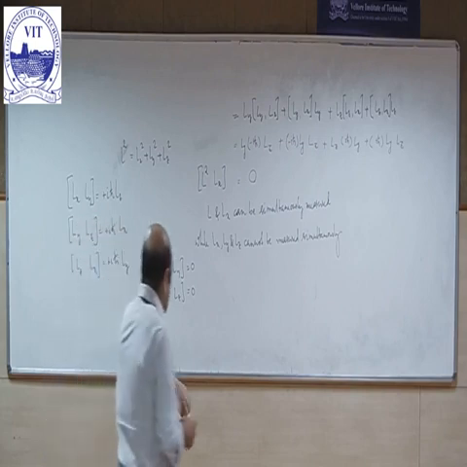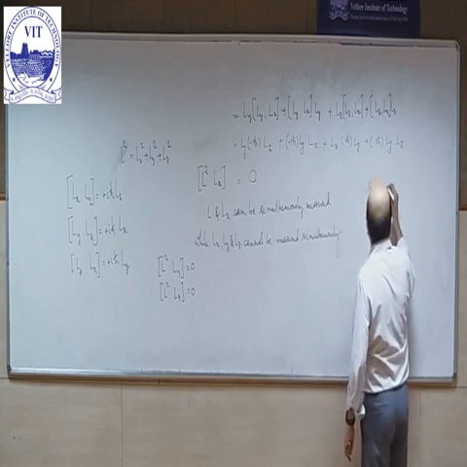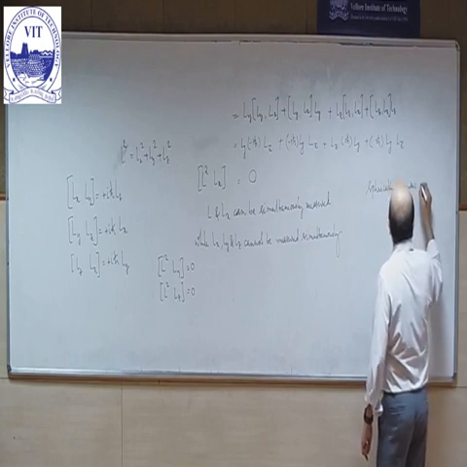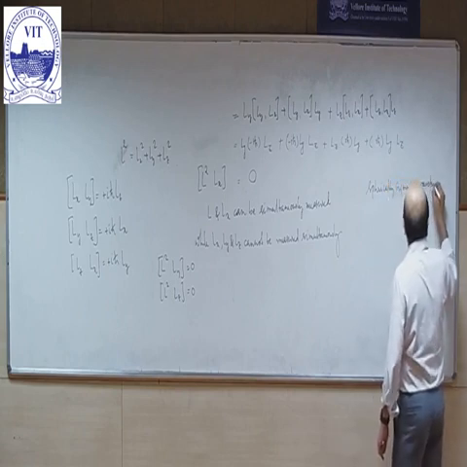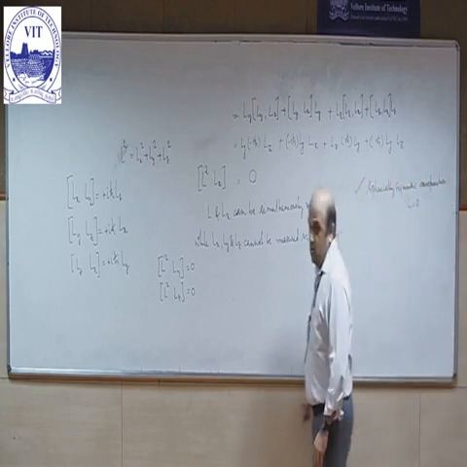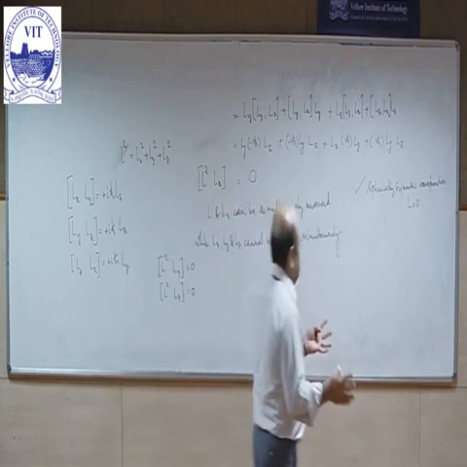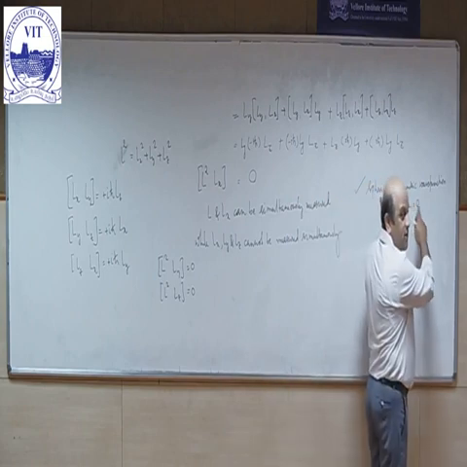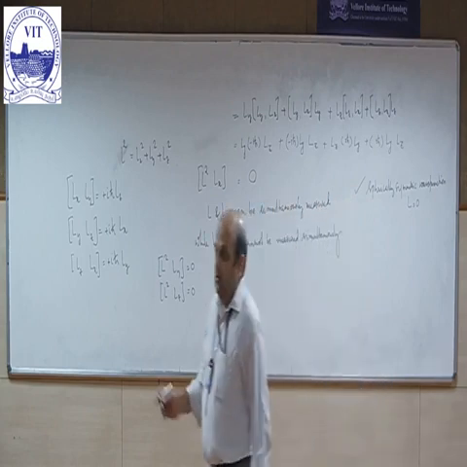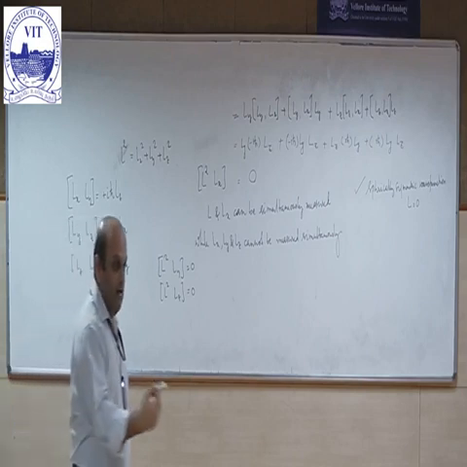So what did we learn today? We said if at all it is a spherically symmetric wave function, then L is 0. This is one message. If you have a state, energy state or quantum state, which is defined with a spherically symmetric wave function, then its angular momentum is 0. That means the magnitude of angular momentum is the same in every direction.